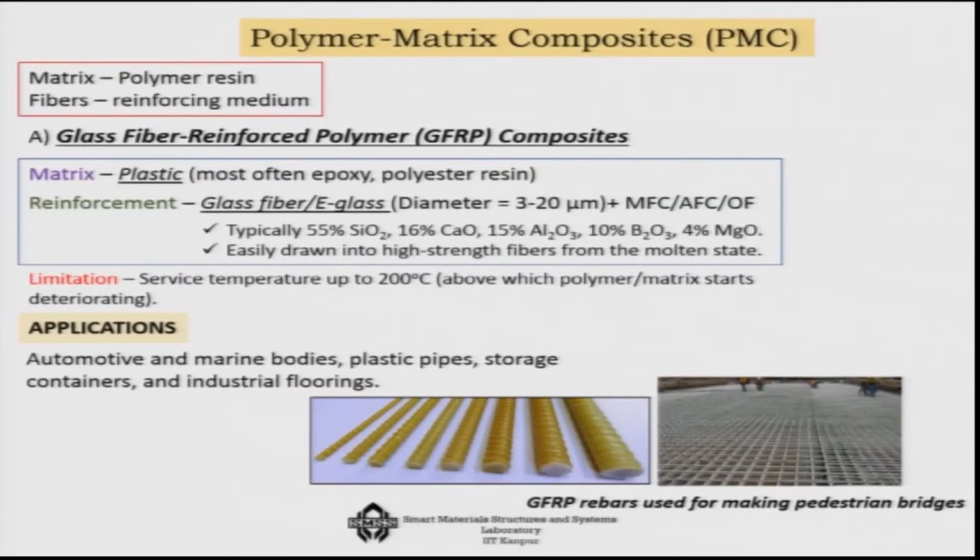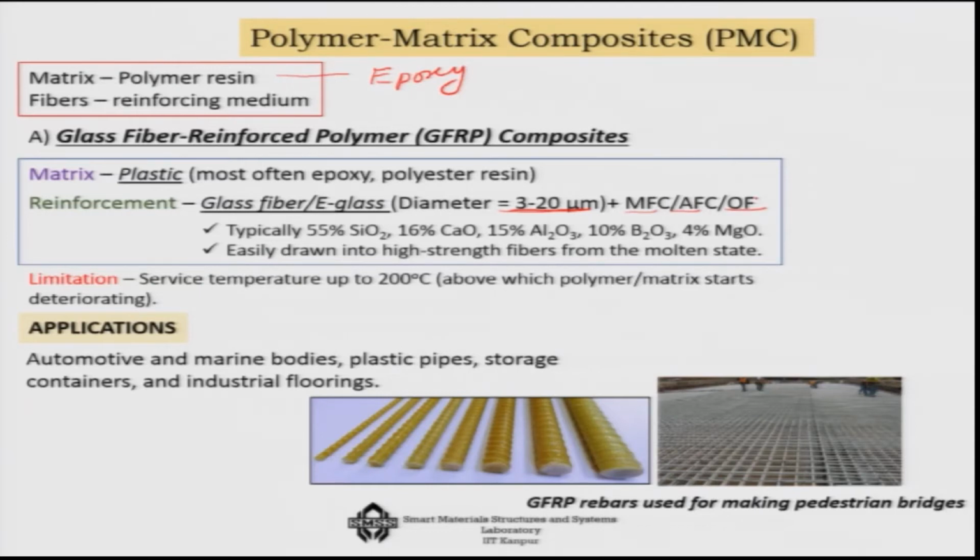Now, in terms of polymeric matrix composites, we have the matrix as polymer resins like epoxy, and fibers as I told you. Suppose I use glass fiber, E glass fiber, with a diameter between 3 to 20 micrometers, and I can also use some additional fibers like macro fiber composite, active fiber or optical fiber.